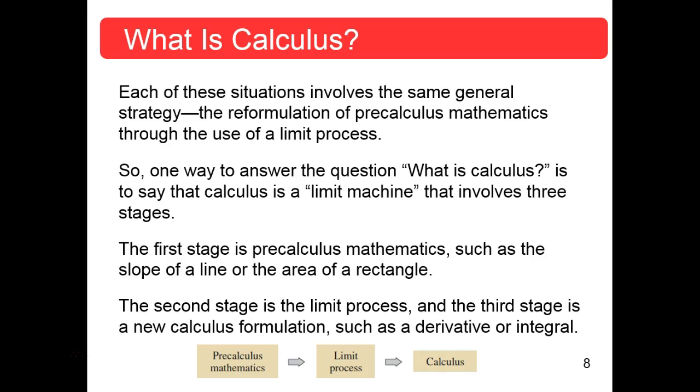And you'll see, even those weird-looking symbols I was telling you about that scared the daylights out of me when I opened my calculus book, they really come from pre-calculus algebra. Just a little bit of a twist or spin on it. So we'll do pre-calculus mathematics, take it through the limit process, and get to calculus.